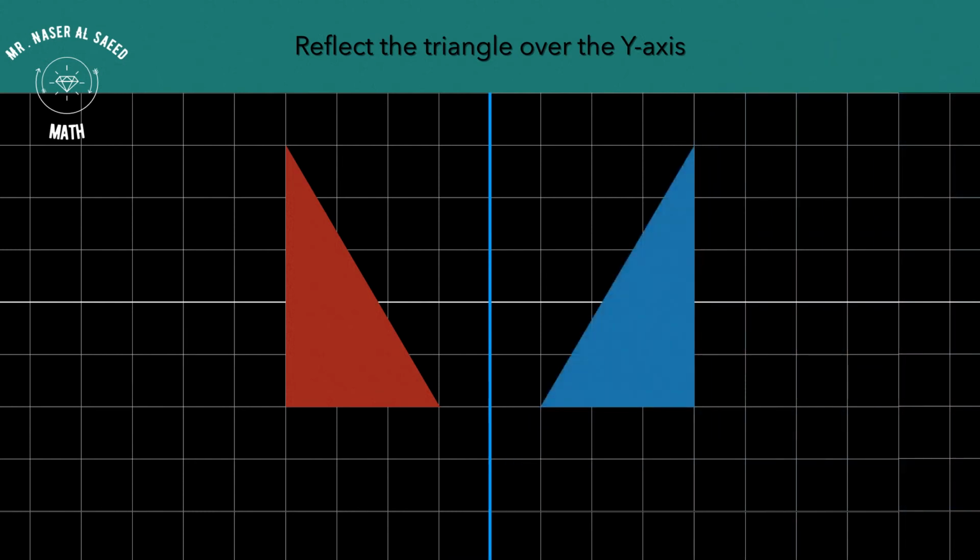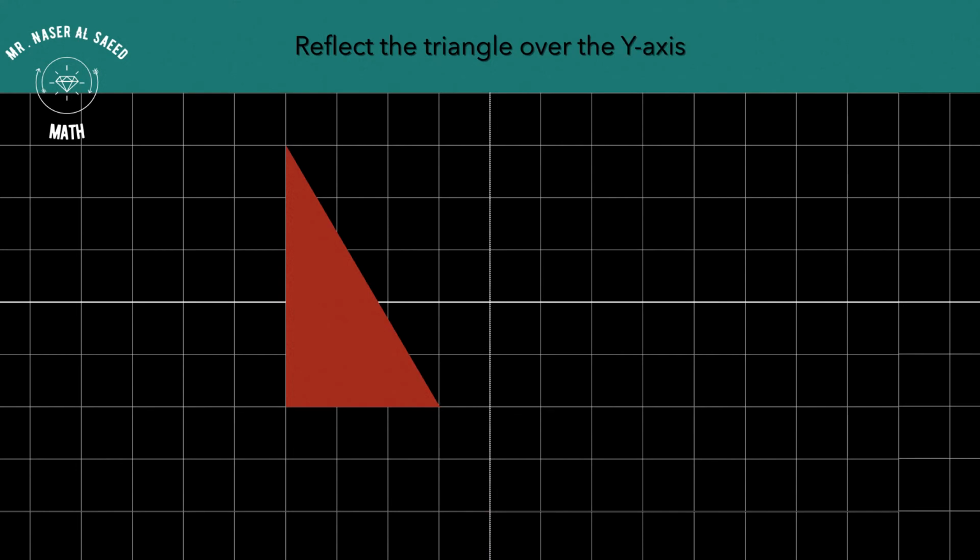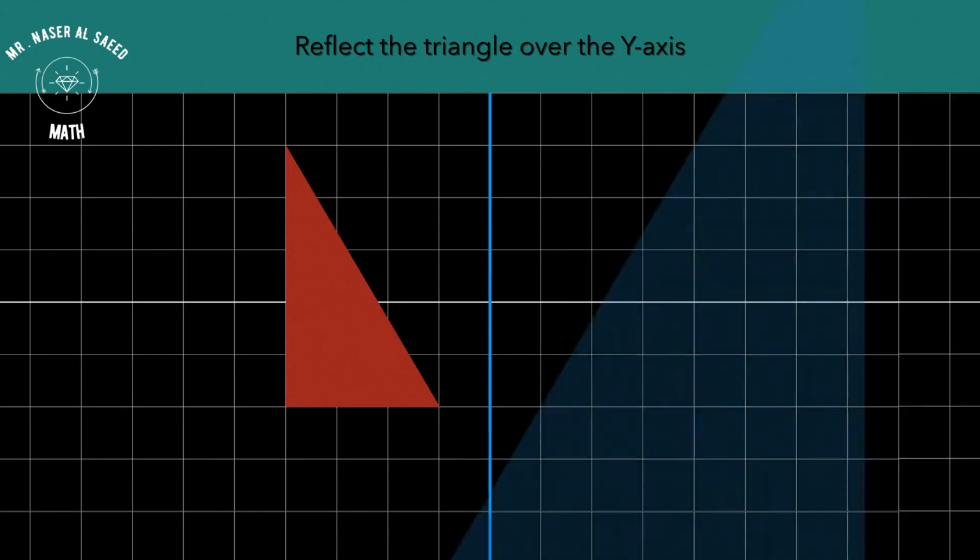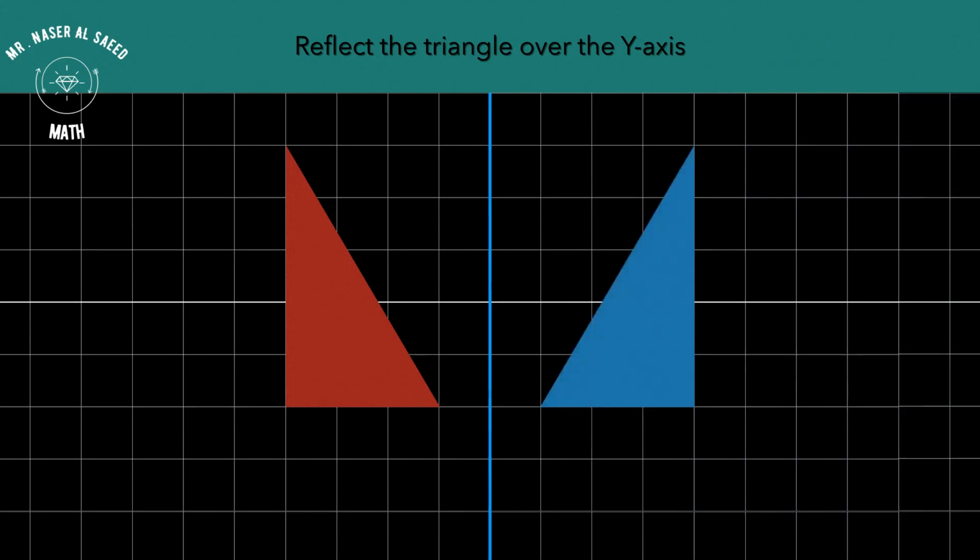So let's reflect it equally from the y-axis, and see how each part of the triangle is the same amount of distance from the line of symmetry. That is the key in the reflection. Each shape has to be the exact same distance from the line of symmetry, looking at itself.